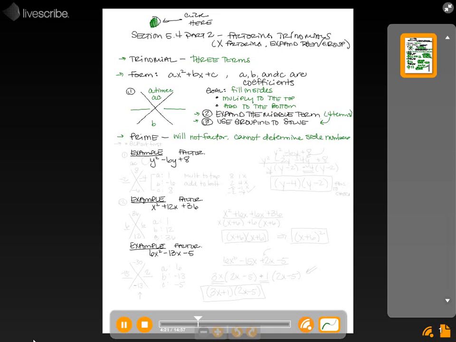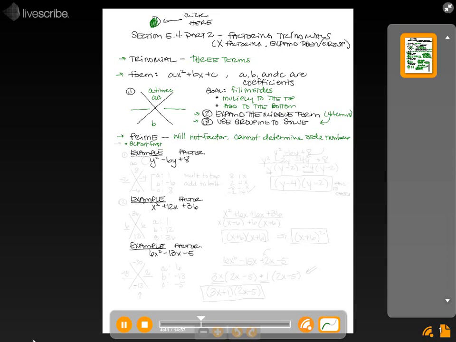Now, one hint, and this is something that causes people problems when they're determining the prime, is you always want to take the GCF out first. When we do that, if there is a greatest common factor, our numbers end up being smaller, and it's a lot easier to figure out the side numbers.